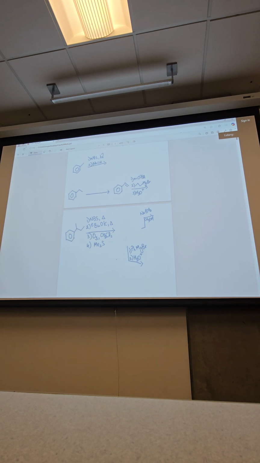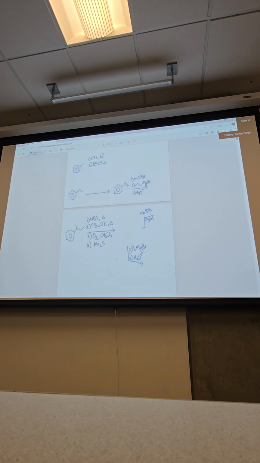I did the second one. I did NBS because we need to put something here that we have to eliminate. And then I put NaOEt. We don't use ethoxides for Hofmann products.